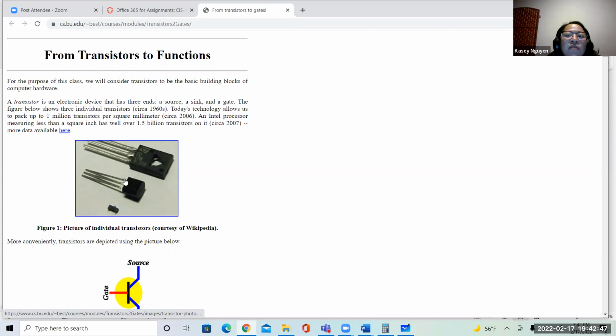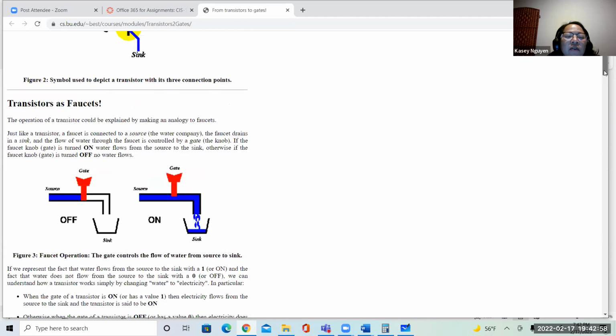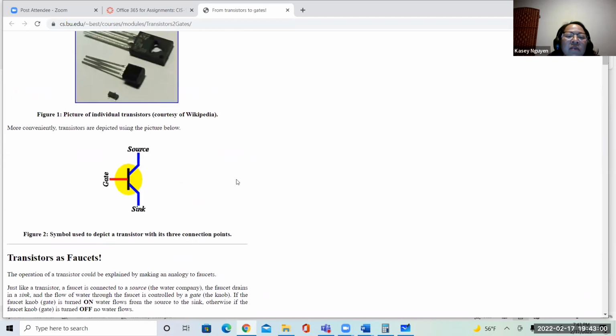So these are the working units of your microprocessor. That link gives you this page, and the book talks about how the gates and the source would be.